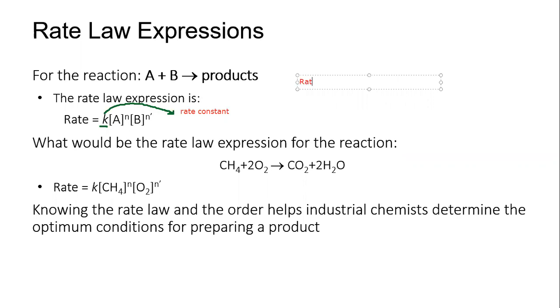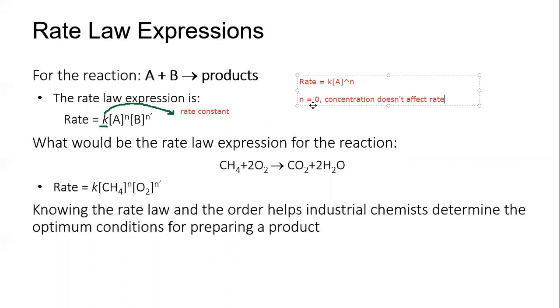To give you a brief example, let's say we have one reactant, rate equals k[A] to the n. Now let's say n is 0. What this tells you is that concentration doesn't affect rate, because if A is raised to the 0 power, that means there's no effect of concentration on the rate.